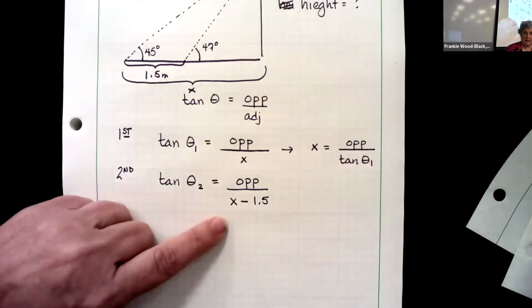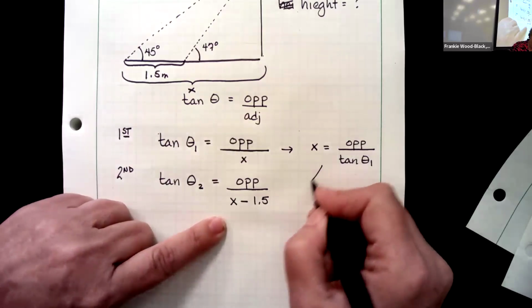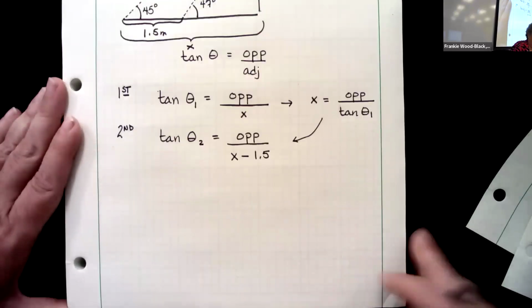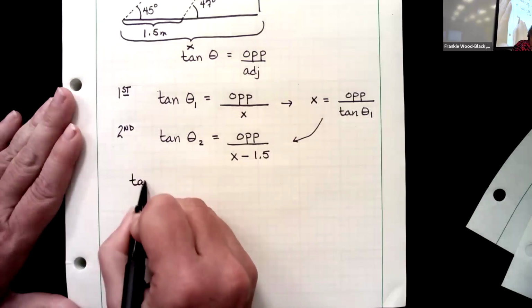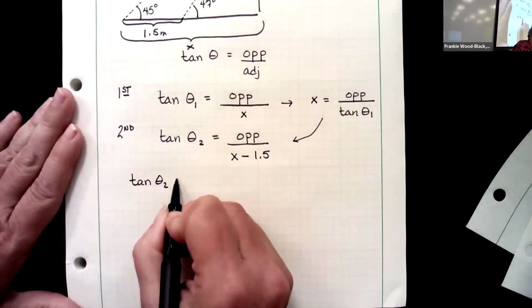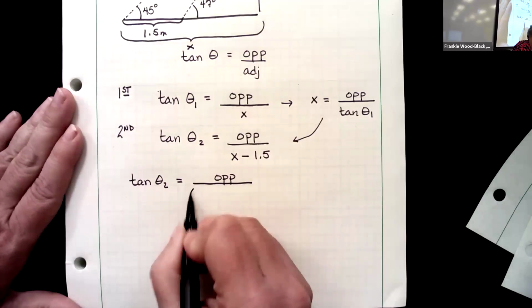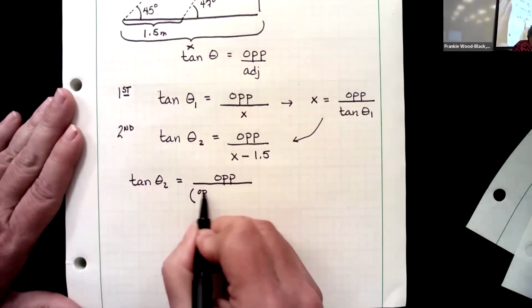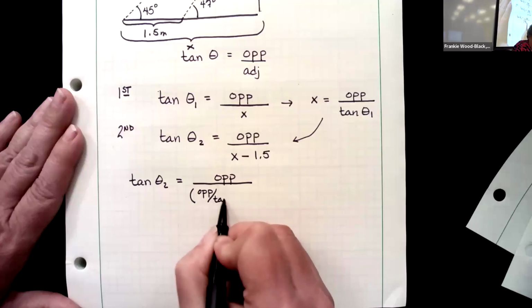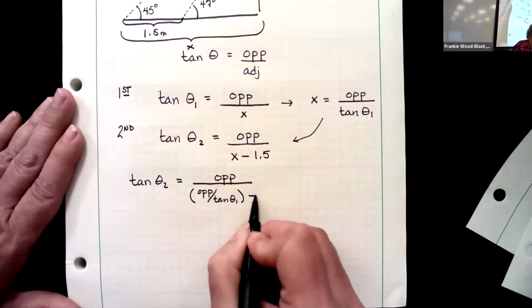Now I'm going to plug it into this equation. So the tangent of my second angle is equal to the opposite divided by the tangent of the angle minus 1.5.